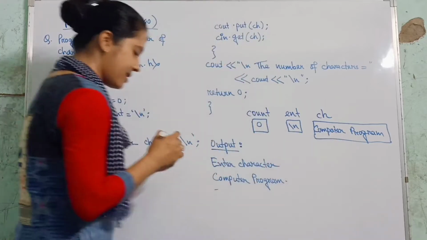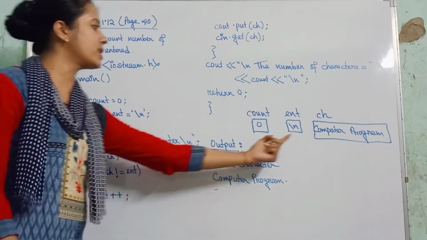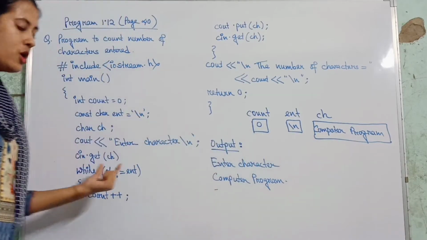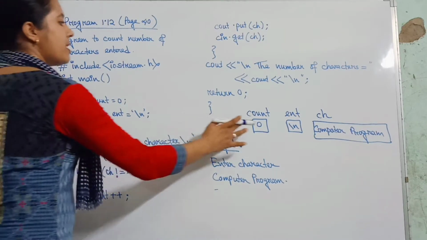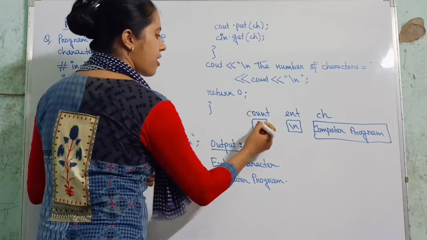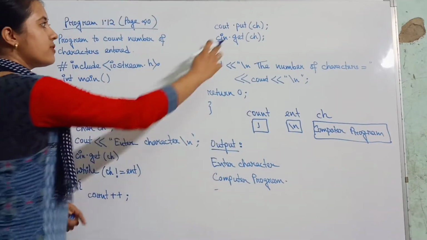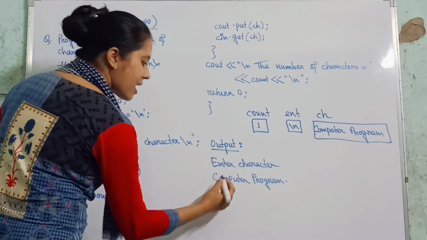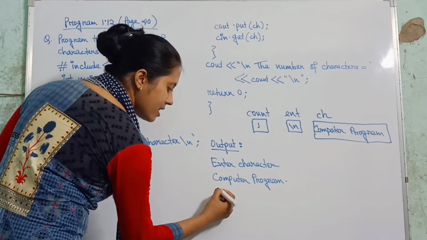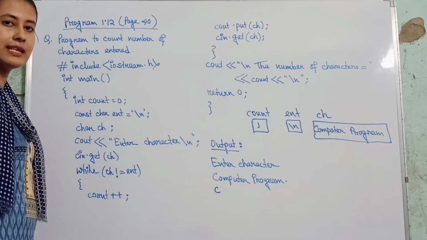First it will go to c. So c not equal to ent, condition is true. So it will enter into the loop and do count plus plus. Now my value of count will be 1. Then it will go here, cout put ch. Cout put ch means it will put c.